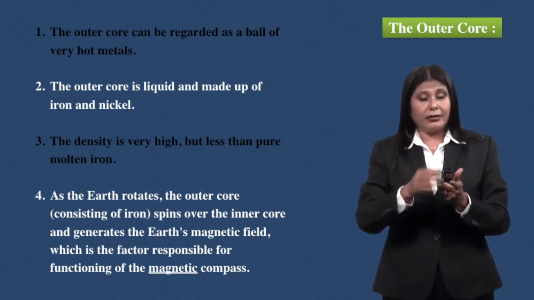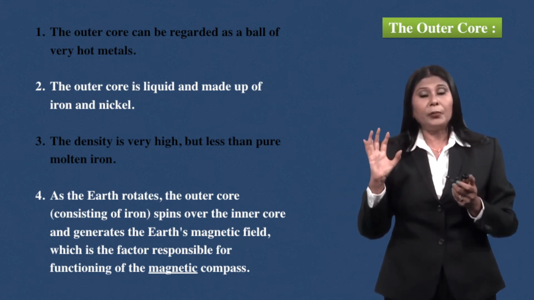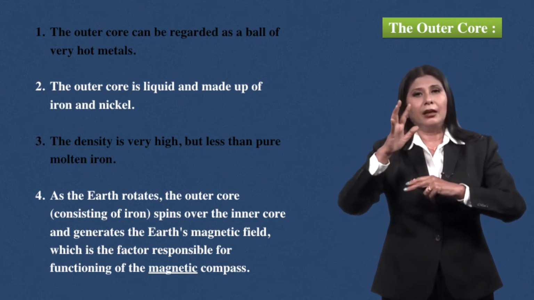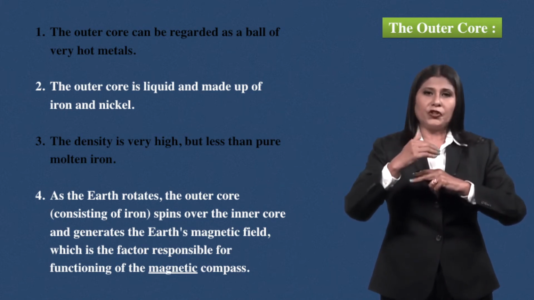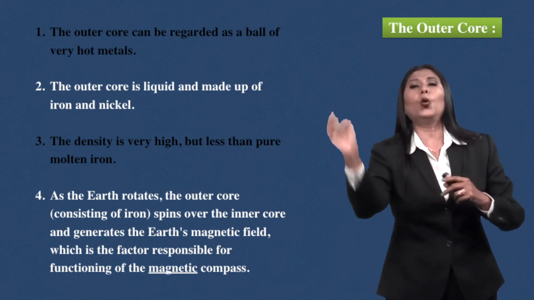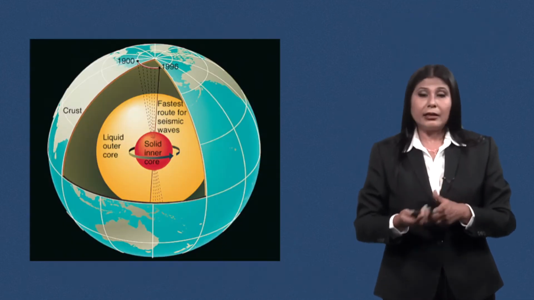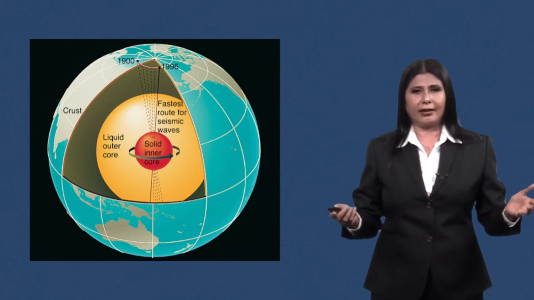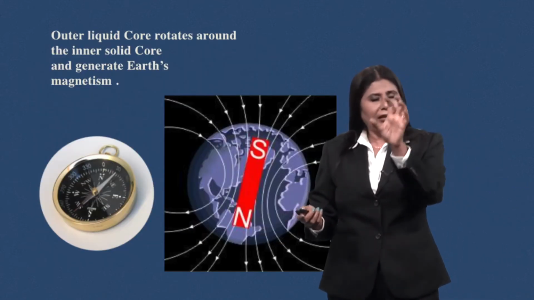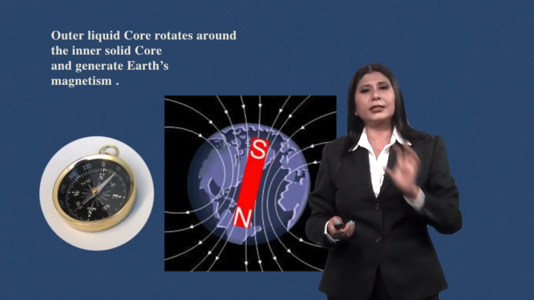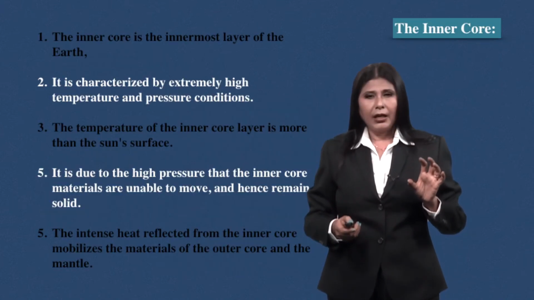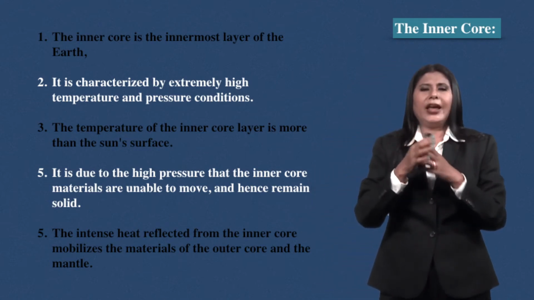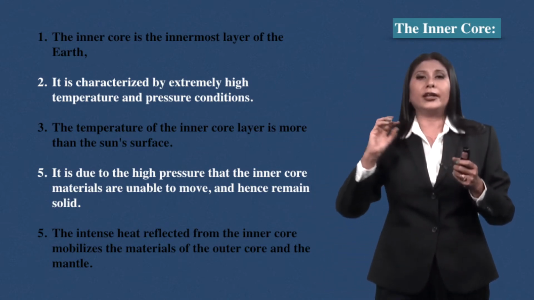And this is in a liquid state. Why? Because here the melting threshold and the rock temperature have become matched. So, the whole of the outer layer is liquid. I will come to this after I explain the inner core, whereas the inner part of the core is solid.